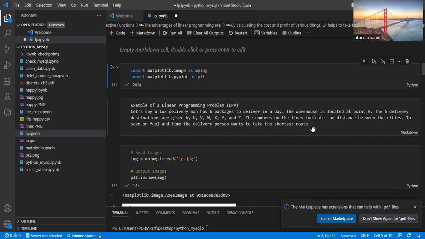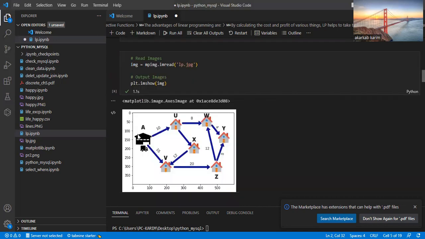Okay, here is a type of linear programming. So what is the problem, or what is the constraint we have here? It is fuel and time. This delivery boy should take the shortest route to save fuel and time. And there is the picture here to understand more. So we have the warehouse at this point, and the delivery boy should deliver six packages per day across this map.